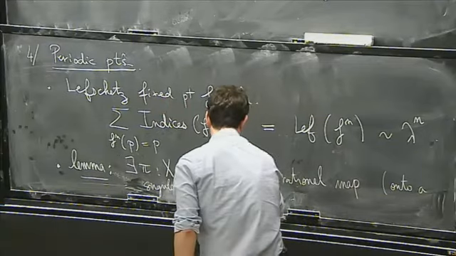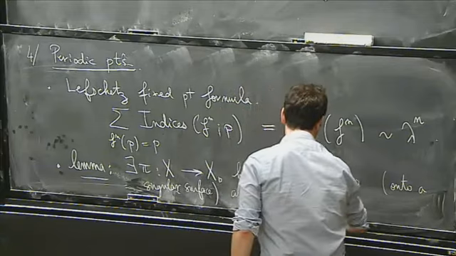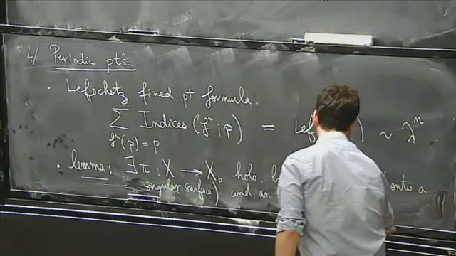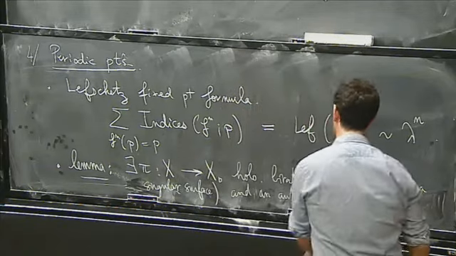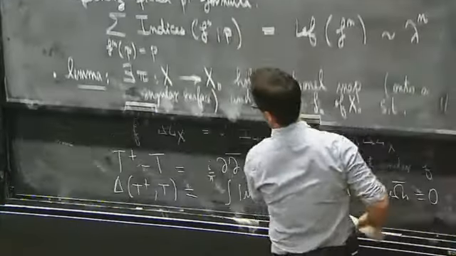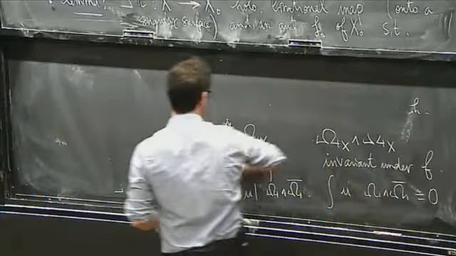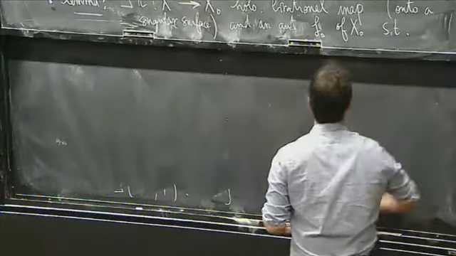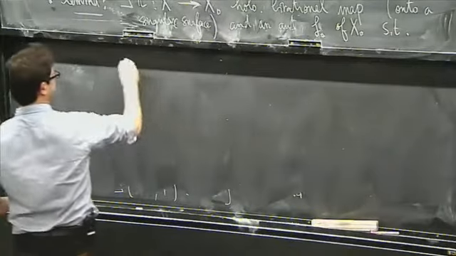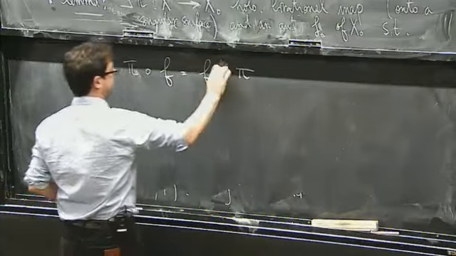And an automorphism, let's say f naught of X naught, such that, first, the diagram is commutative, so we get pi composed with f is just f naught composed with pi.